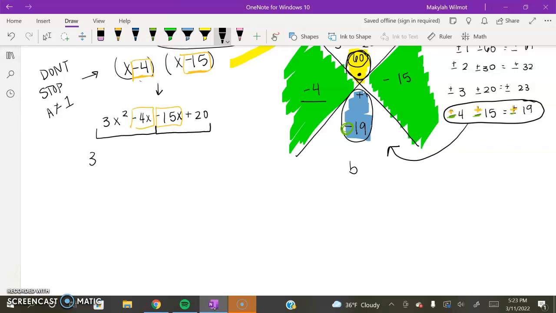So we have 3x squared minus 4x, and then we have -15x plus 20. So right here, we can automatically take out an x. Sorry, I did this in a different order in my notes, but it will still work the same.